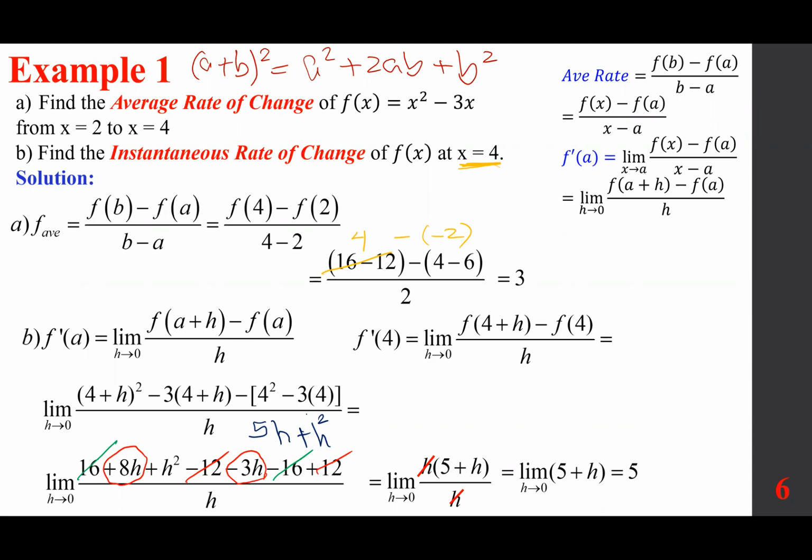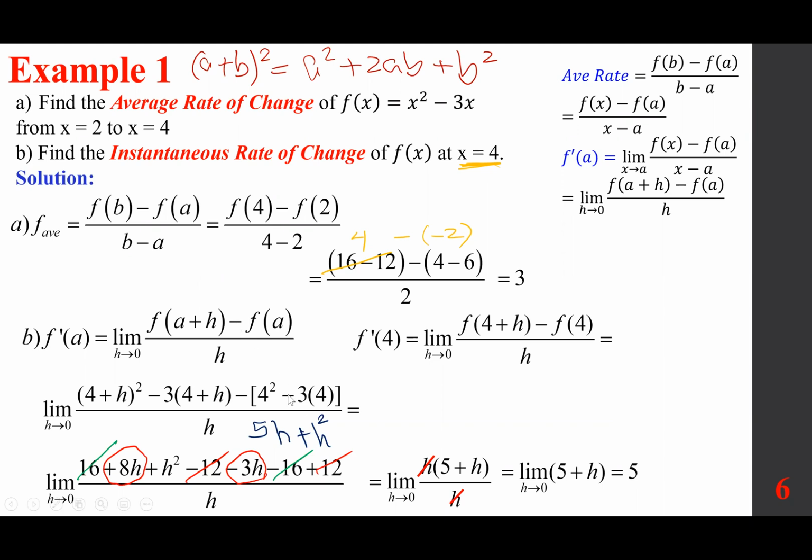Now, what I want to do, I want to quickly show you the second method. Okay. So let's actually do that.